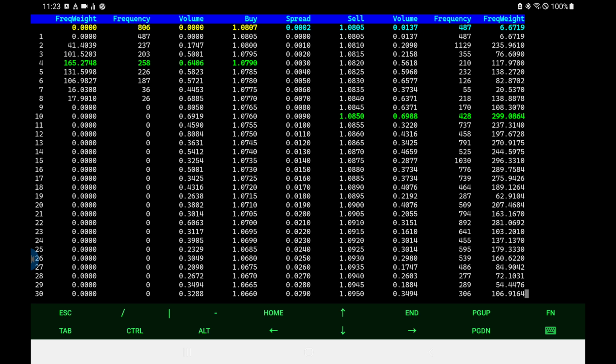For example, if we really look at this order book carefully, we can see that right here at 1.075, this is where all of the orders have been placed for entry positions, for limit orders. That is, people are waiting for this price to come up so that they can buy into it heavily.